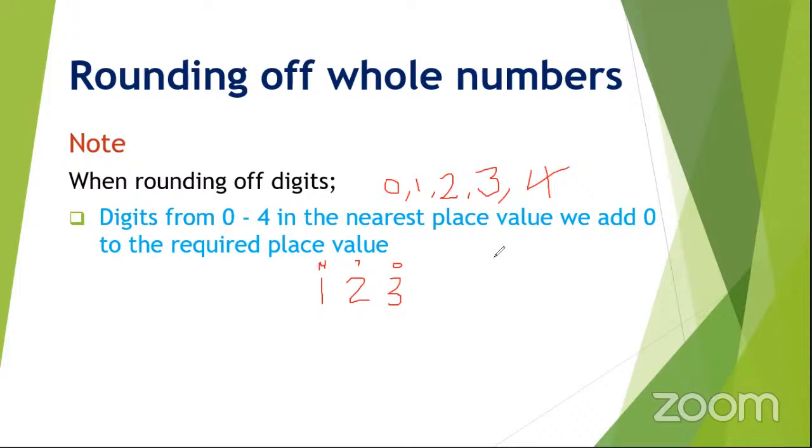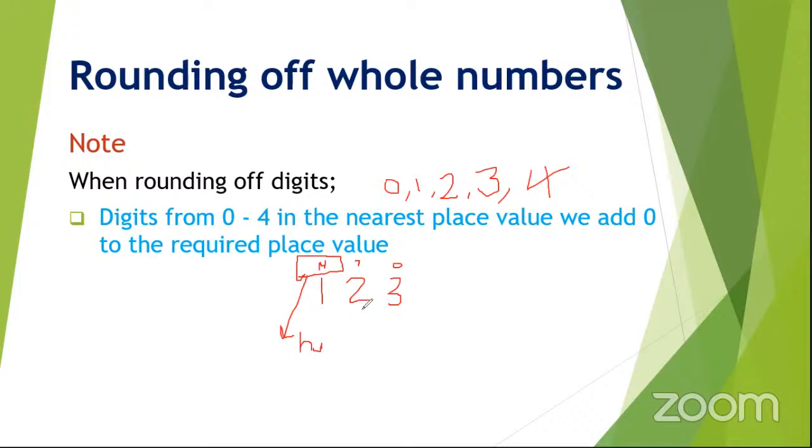If you have such digits, 0 to 4, they are saying we add a 0 to the required place value. So in this case, what is the required place value and what is the nearest place value? If we are rounding off to the nearest hundreds, the required place value here, the place value they want in our question, is hundreds.